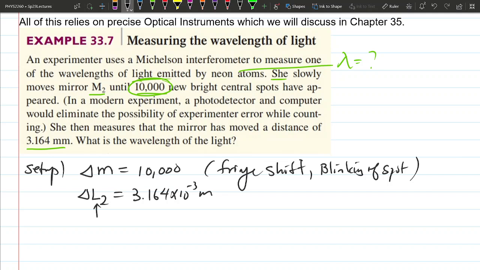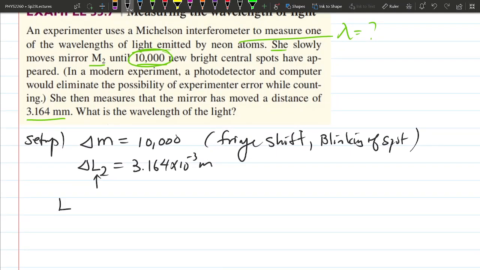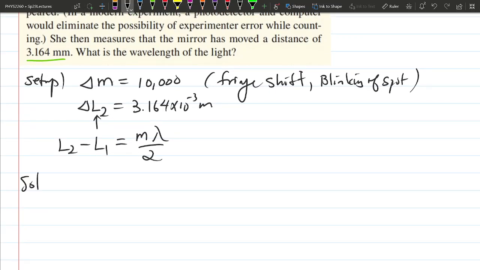We can use either equation, the constructive or the destructive one, where L2 minus L1 gives you m times the wavelength divided by 2. So let's set up. If we want to solve this, we want to relate the change in L2 to the change in m.